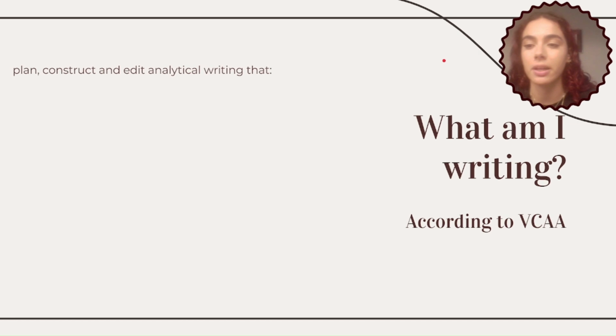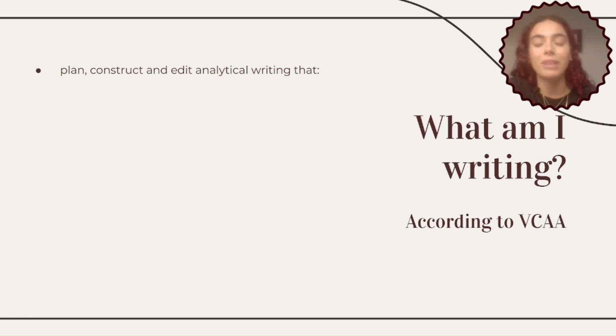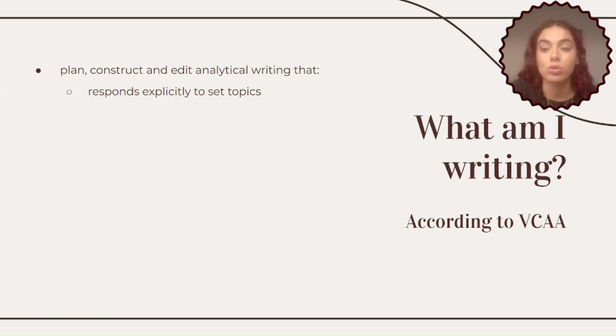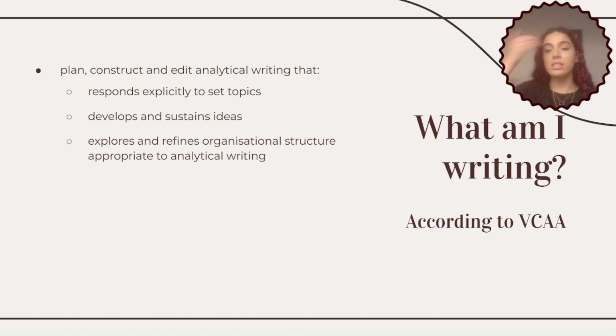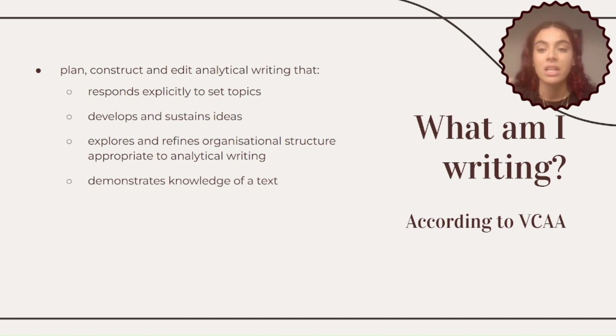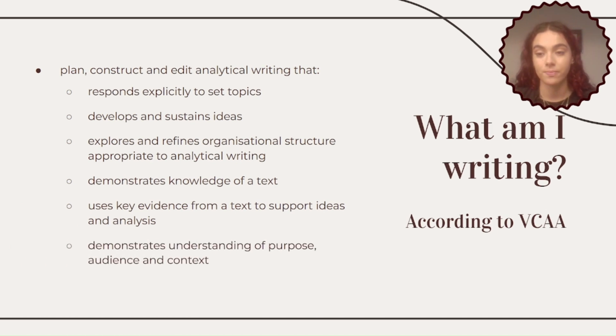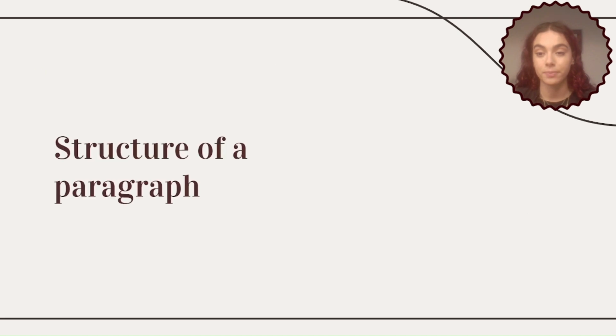According to VCAA, they want you to plan, construct, and edit analytical writing that responds to topics, develops and sustains ideas throughout, explores and refines organizational structure appropriate to analytical writing, shows your knowledge of the text, and uses evidence from the text to support your ideas and your analysis. And finally, you're demonstrating your understanding of purpose, audience, and context in your writing.